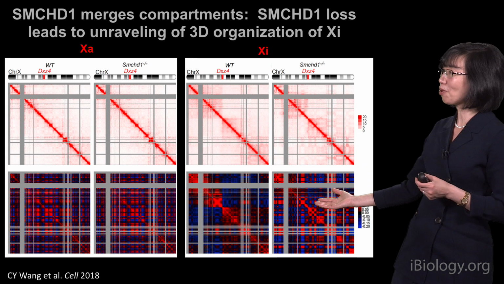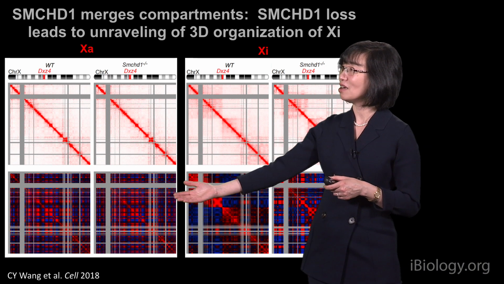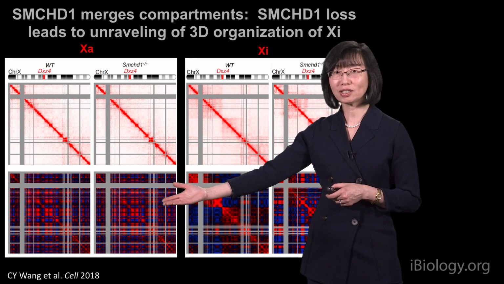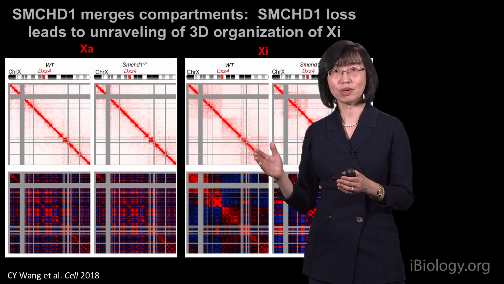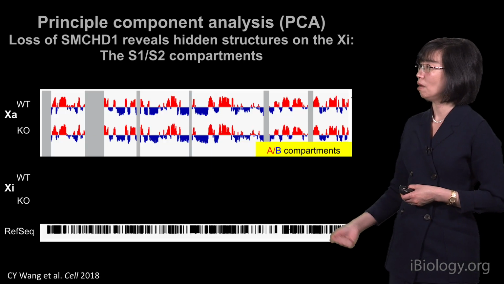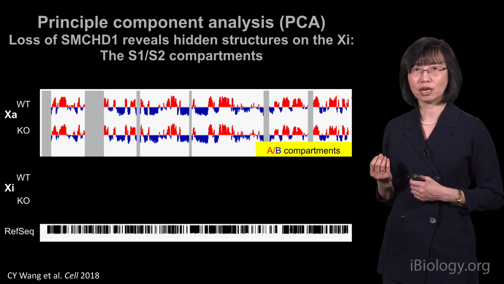Okay. And the checkerboard pattern that you see on the mutant inactive X is distinctly different from what you see on the active X chromosome, which shows a much finer checkerboarding pattern that's consistent with the AB compartments that we talked about a few slides ago. So we can better visualize this by going to a principal component analysis.